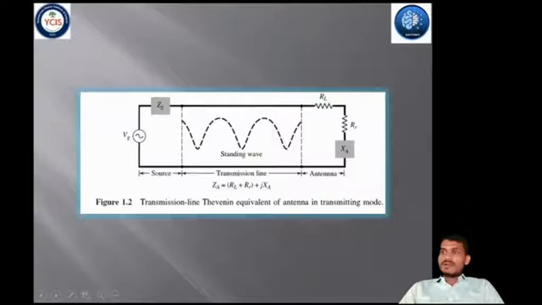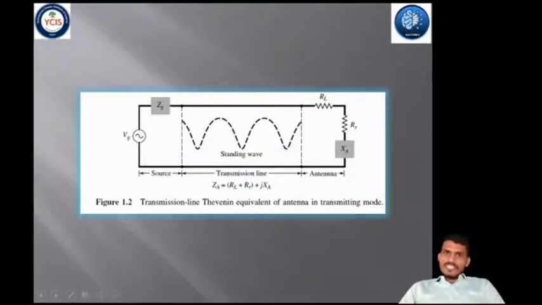Now, the antenna is represented by a load, ZA, and ZA is equal to RL plus RR plus j times XA, which is connected to the transmission line.